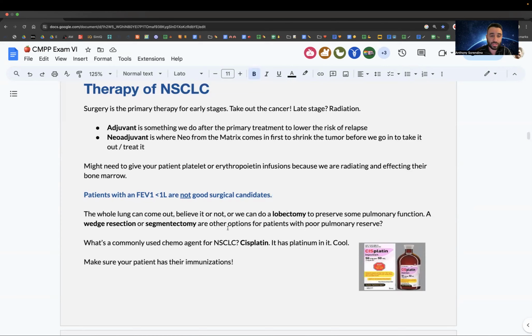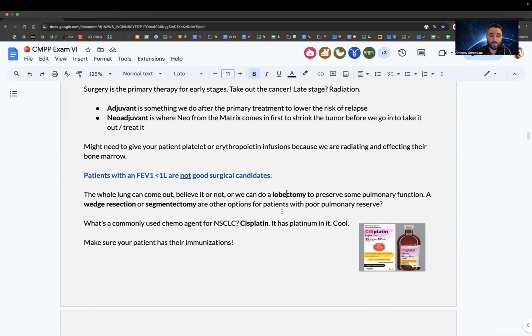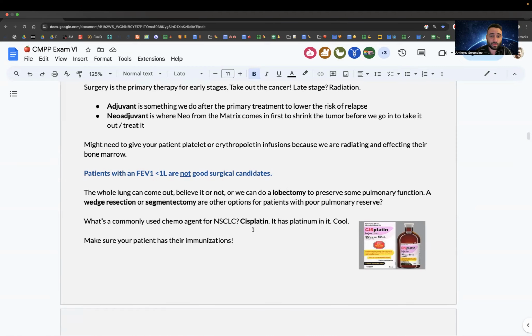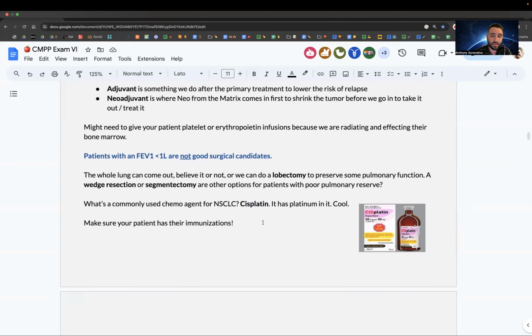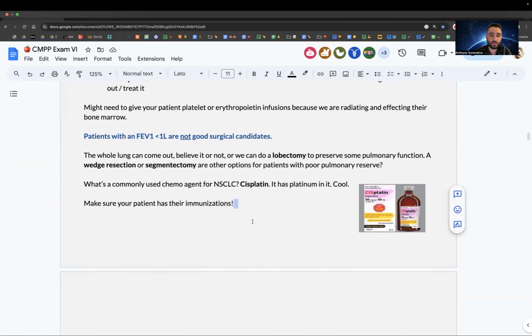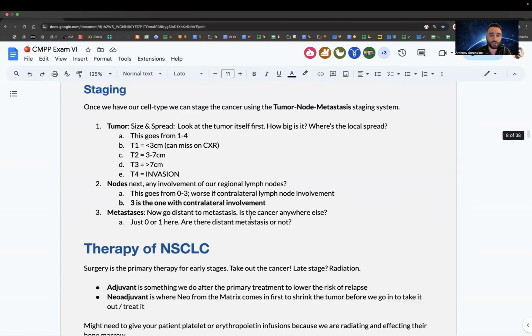We can do a resection and take out some, or we can take out the whole thing. We can do a lobectomy. I don't know if this will be on it, but cisplatin was a chemotherapy agent mentioned for non-small cell lung cancer. Make sure your patient has their immunizations.